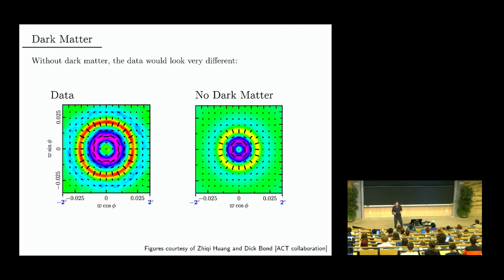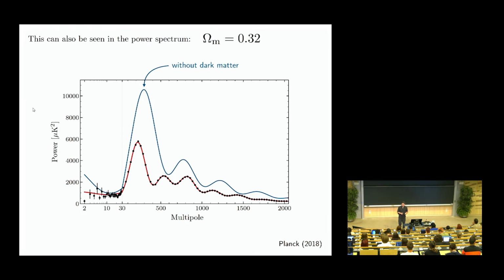So the universe we live in clearly has to have some amount of dark matter in order to explain these patterns. You can also see this at the level of the power spectrum. There are now two curves. One is the curve that matches the data in red. It has about 32% of the total energy density in dark matter. There's a parameter we use called omega m that measures the amount of dark matter.